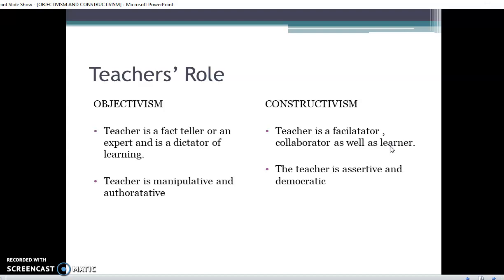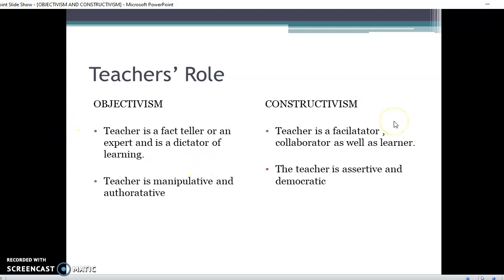The teacher is also a collaborator. Why collaborator? Because the teacher assists the students in learning something, and while assisting, the teacher in turn gains some new knowledge while interacting with the students. And also a facilitator, because the teacher's role is not of a dictator.